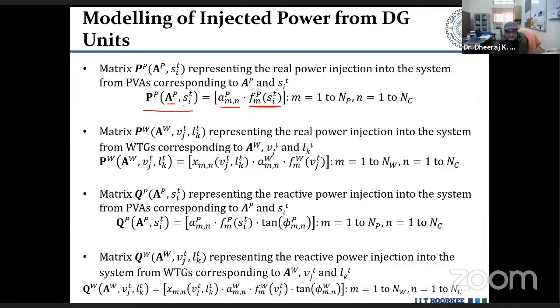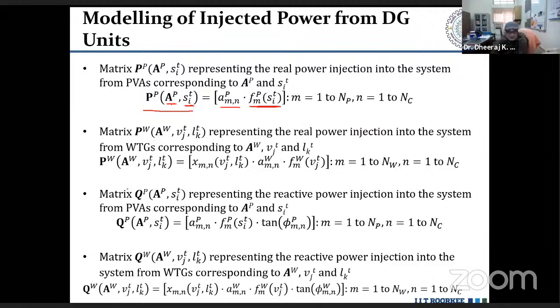So power output is a function of solar radiation level and location matrix. Location matrix is the same, but here it is variable. It will vary from state to state and from time frame to time frame.